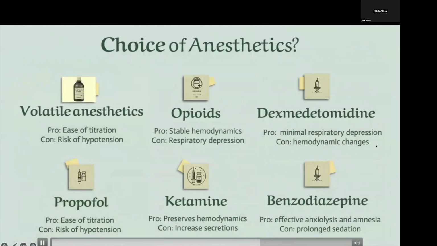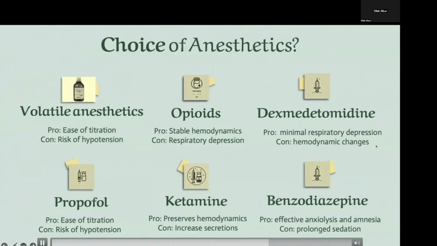When selecting anesthetics for Fontan patients, we need to carefully balance the pros and cons of each option. Starting with volatile anesthetics, they offer the ease of titration, but come with the risk of hypotension. Next, opioids provide stable hemodynamics, making them a good choice, but they carry the risk of respiratory depression. Propofol is a popular option because of its ease of titration, but we must be cautious of hemodynamic changes, such as hypotension.